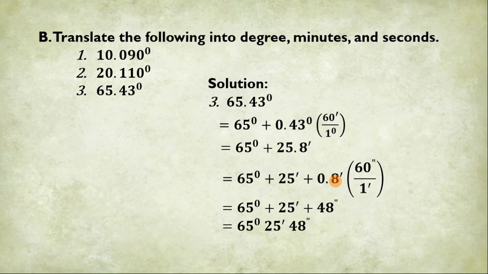So 0.8 minutes times 60 seconds all over 1 minute. The minute will cancel out. Then 0.8 times 60 is 48 seconds. Therefore, 65.43 degrees is equal to 65 degrees, 25 minutes, 48 seconds.